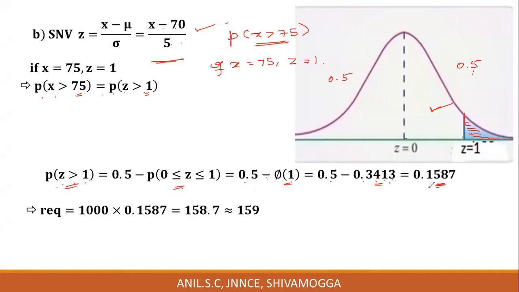This is the probability of any student scoring more than 75 marks. And there are 1,000 such students, therefore required is 1,000 into 0.1587, which is 158.7. That can be approximated to 159.